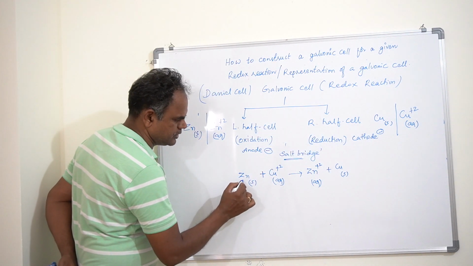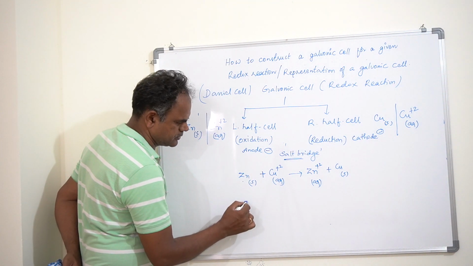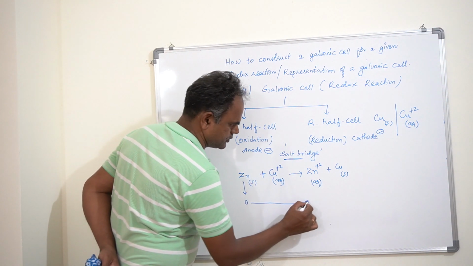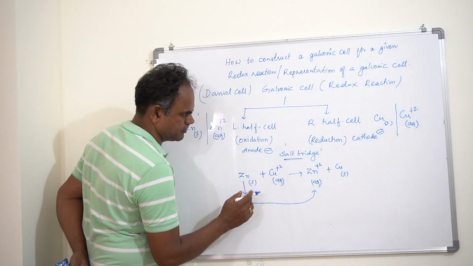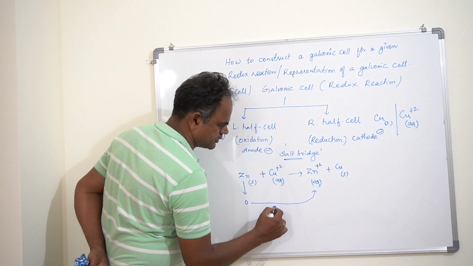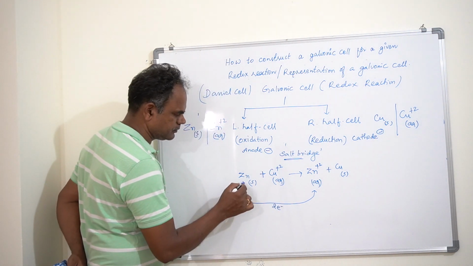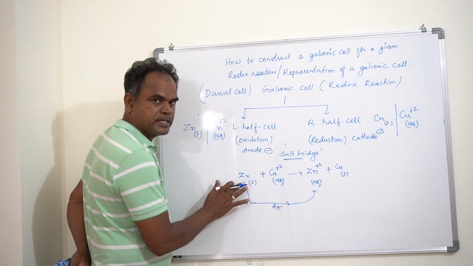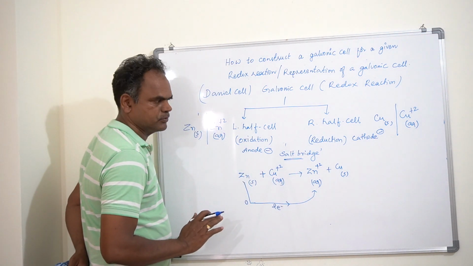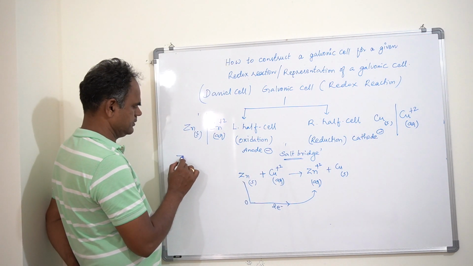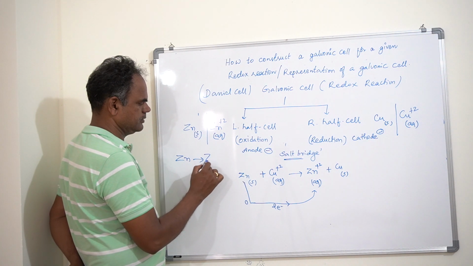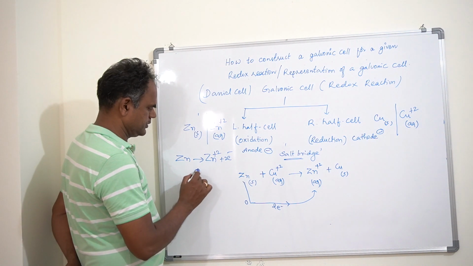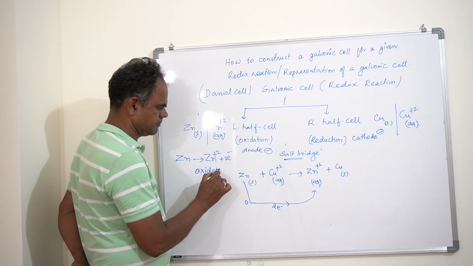Here zinc metal, whose oxidation state is 0, is oxidized to form Zn2+, and loses how many electrons? 2 electrons. That means zinc metal is getting oxidized. So we can write the reaction: zinc undergoes oxidation to form Zn2+, which is called oxidation.